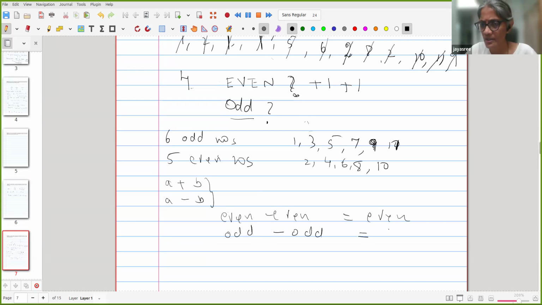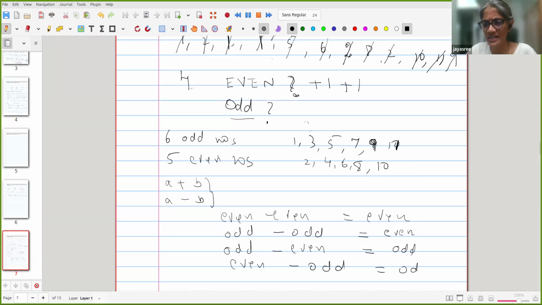Even. 7 minus 5. Okay, odd minus odd is even. Odd minus even? Odd. Even minus odd? Odd.